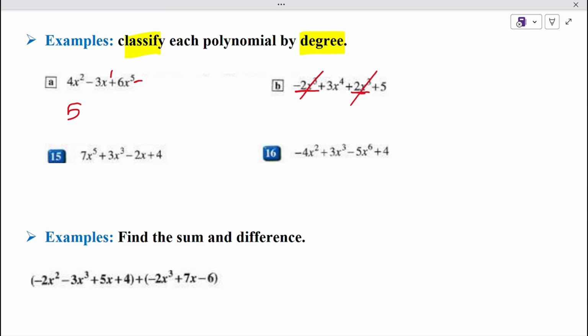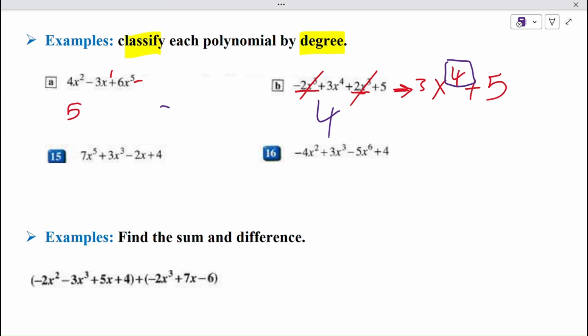We have to cancel them, and this becomes 3x to the power 4 plus 5. So we say this polynomial is of degree 4, because the greatest degree is 4.